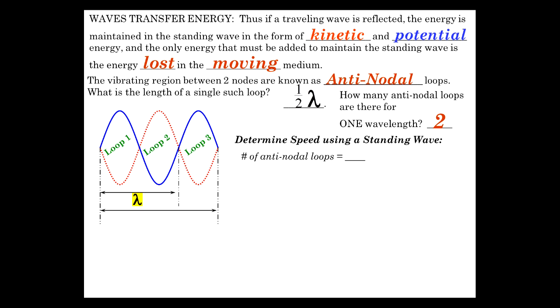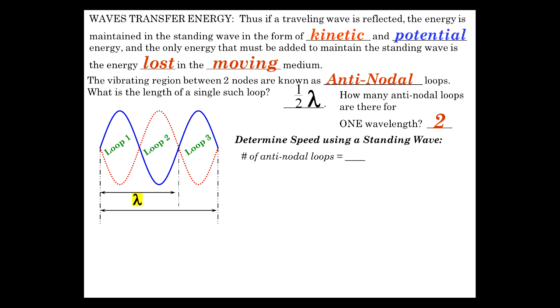Now, I'd like to do an example of how you can actually determine the speed using a standing wave. We can figure out how fast the wave travels by looking at the characteristics of a standing wave. And I'll do that in class with a wave machine.